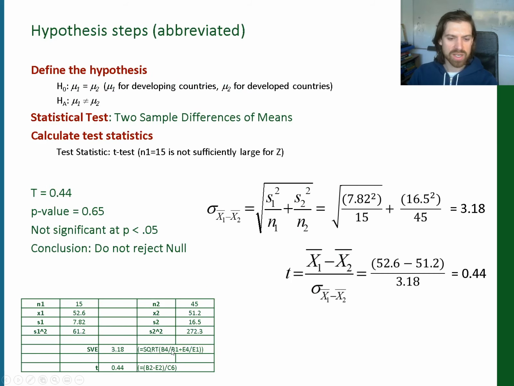And then I've calculated the SVE, so that's the denominator here, 3.18, based on this equation, so we're taking the square root of these sums, this calculation here. Then we calculate the t statistic by taking the difference between the two sample means and dividing it by the SVE.